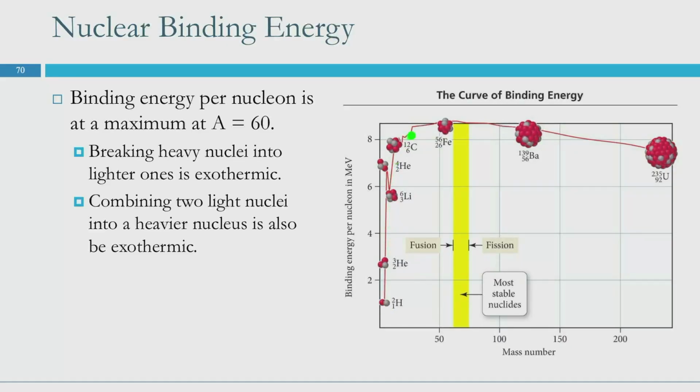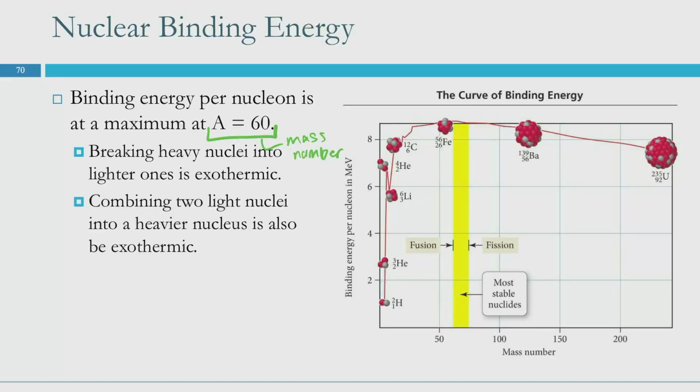The binding energy per nucleon increases as we get up into this range around 60. A is our symbol for mass number. Just kind of in this general region. If we get above that number, our binding energy per nucleon starts to drop off a little bit.